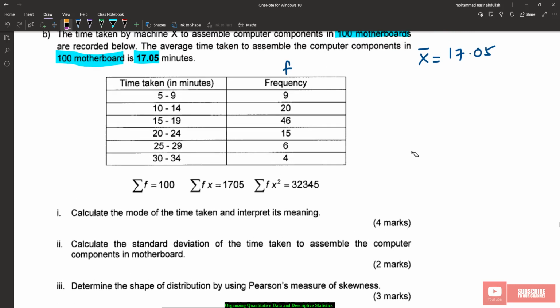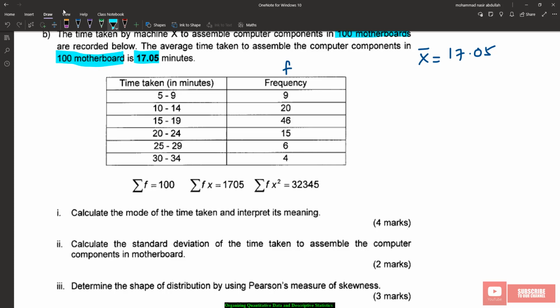So now, first step, we need to find a modal class. Modal class is the class that has the highest frequency. Remember, listen carefully. Modal class is the class that has highest frequency.